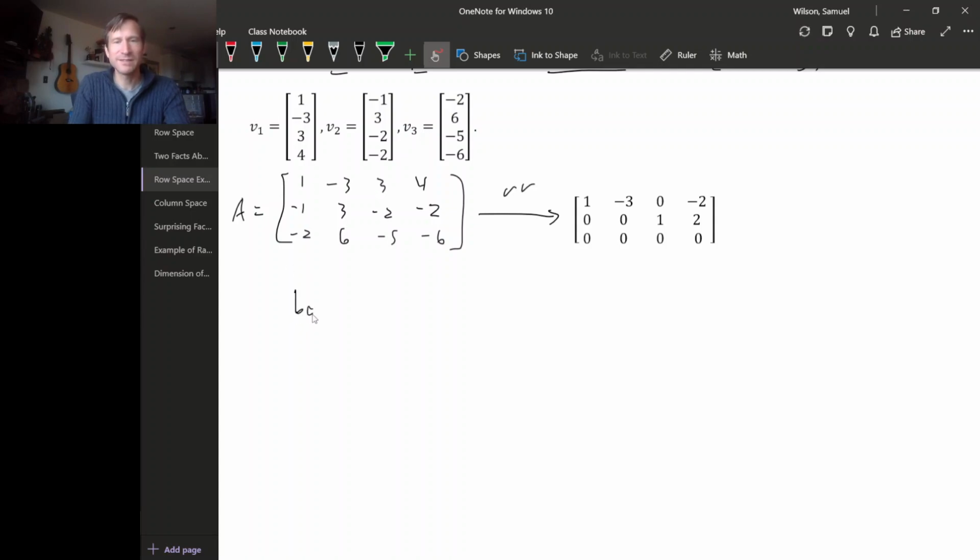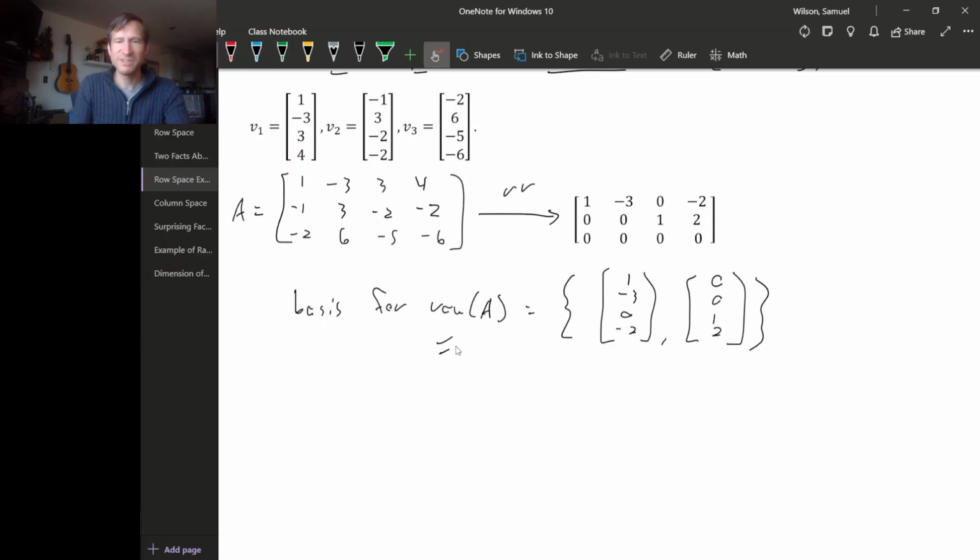So a basis for the row space of A is just the non-zero rows of this. So 1, minus 3, 0, minus 2, and 0, 0, 1, 2. Okay.